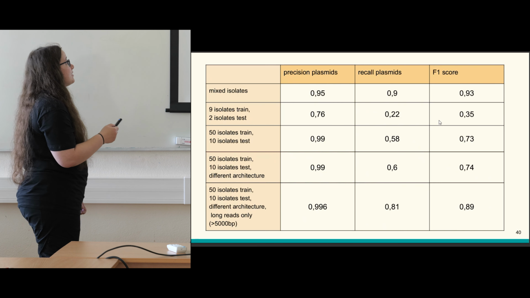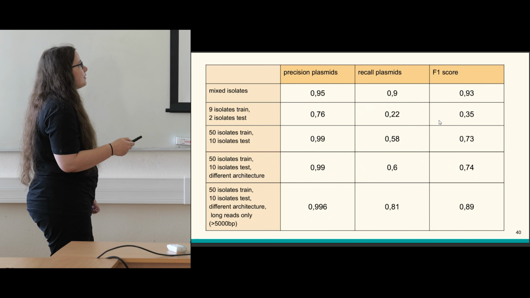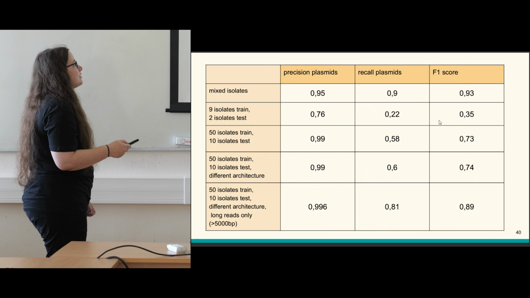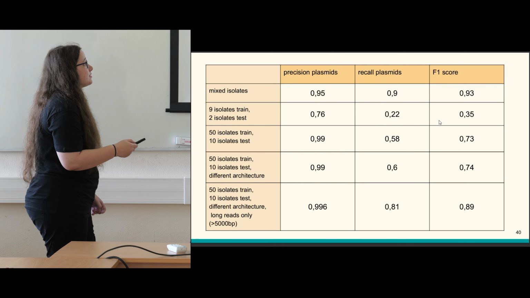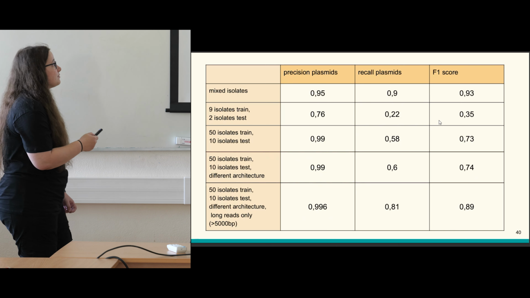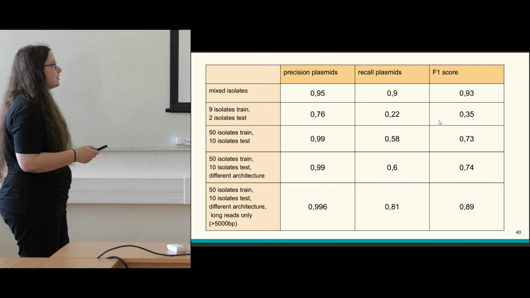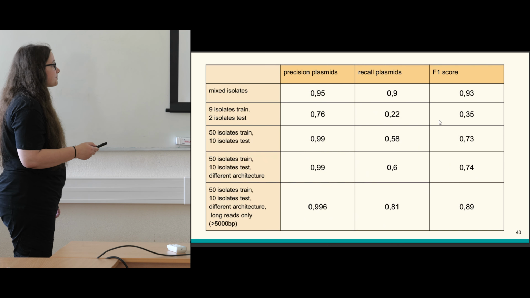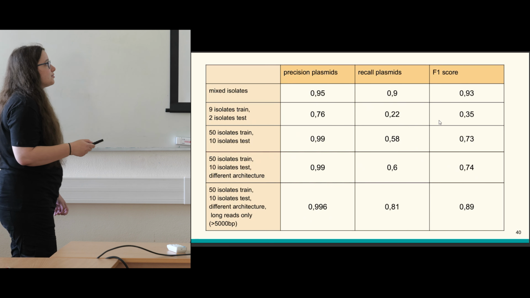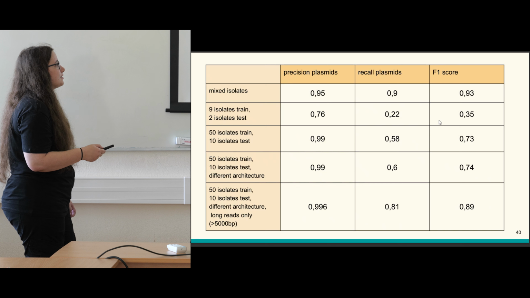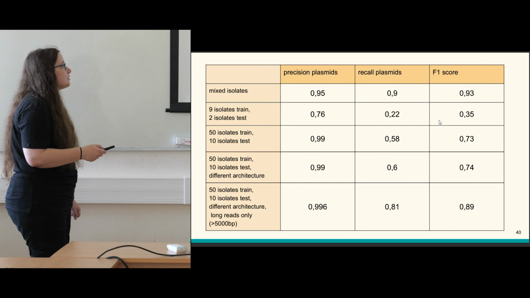Then we have tried to enlarge the data set. This way we got a higher recall score, but still, for the same reason as in the previous line, the recall is still low. Another thing, we tried to alter the architecture a little. So we have added a narrow layer in the middle of the architecture, trying to avoid learning of exact sequences, but the recall here increased only a little bit.